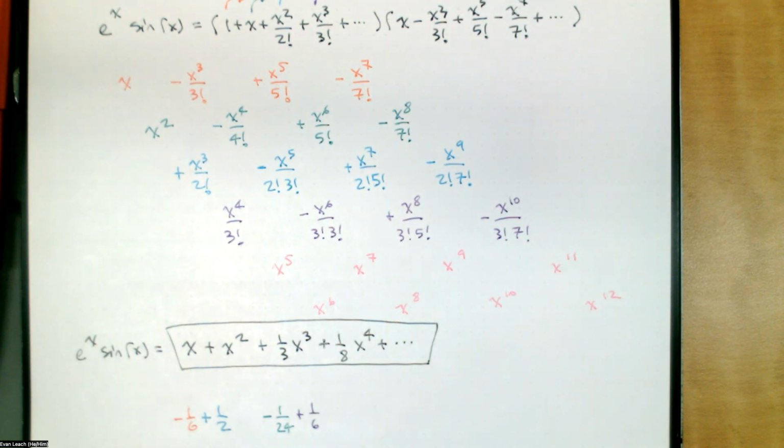The important thing to note here is the fact that we can even do this in the first place. I just take these two Taylor series and multiply them, and it looks like the answer is yes. It's just going to be a matter of keeping careful track of our product.